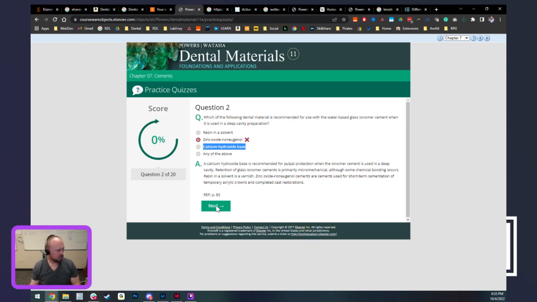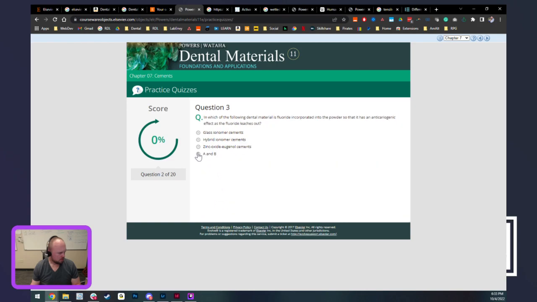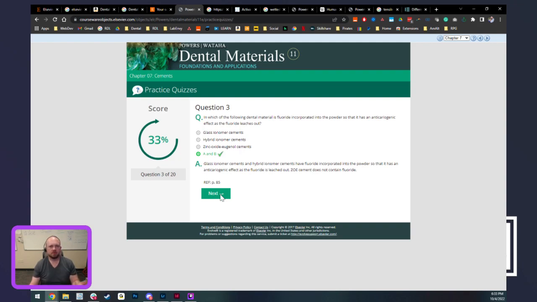In which of the following dental material is fluoride incorporated into the powder so that it has an anti-carcinogenic effect as the fluoride leaches out? Both A and B. That was a complete guess. Sorry.